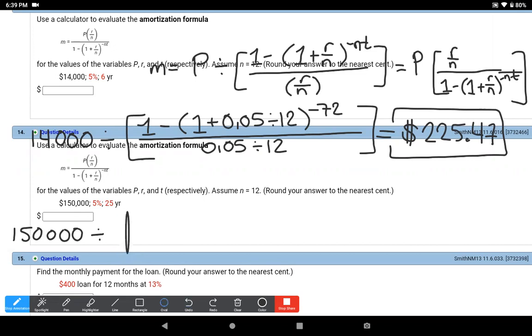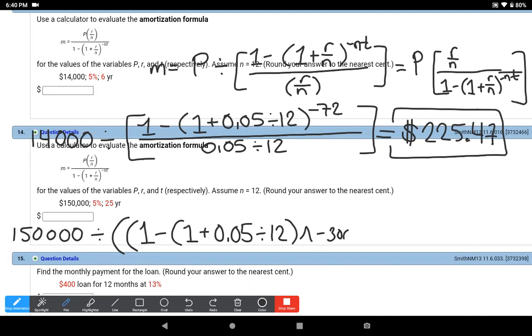So divide by parenthesis, 1 minus, parenthesis, 1 plus 0.05 divided by 12 in parenthesis caret negative n times t. 12 times 25 is 300, in parenthesis, divide by parenthesis 0.05 divided by 12, because that's the denominator, in parenthesis for denominator, end parenthesis for the quotient.